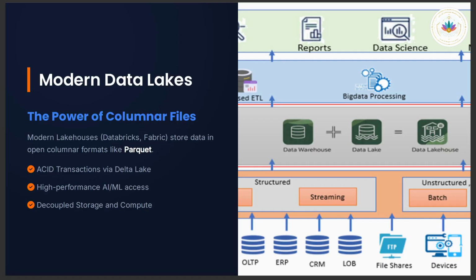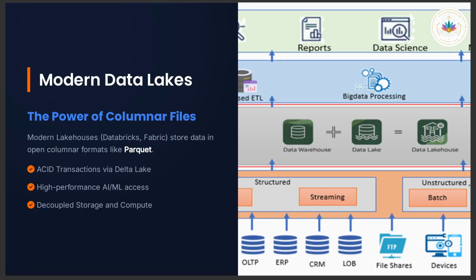But we don't store it in raw text or raw formats in our object storage. Instead, we land it into open source columnar file formats like Apache Parquet. Why? Because formats like Parquet bring the power of column storage directly to cheap cloud object storage. By structuring data columnarly inside Delta Lake, Apache Iceberg, or open formats, we get the best of both worlds.